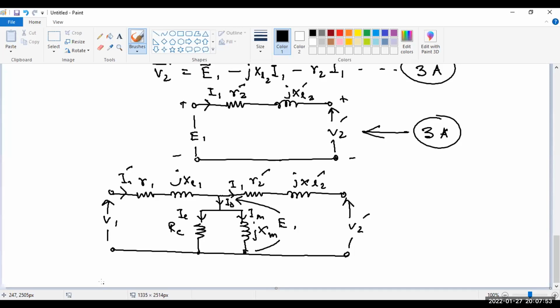I am not considering that; for that, you will have a different equivalent circuit. This is the exact equivalent circuit of a two-winding single-phase transformer, where we have modified the secondary KVL equations, or it is called the secondary parameters referred to the primary.